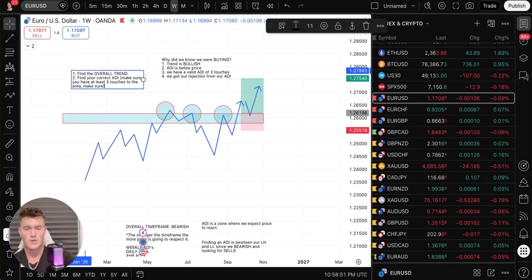Make sure that price is above your area of interest so that price can pull back and react in a positive way, creating support.